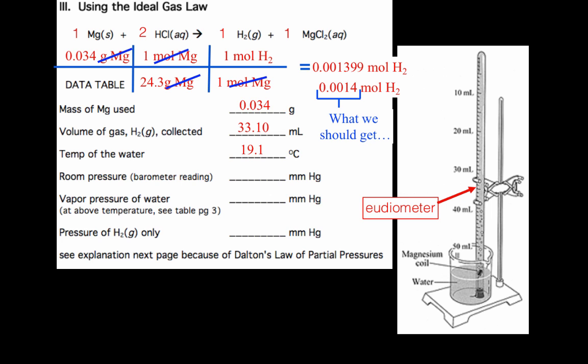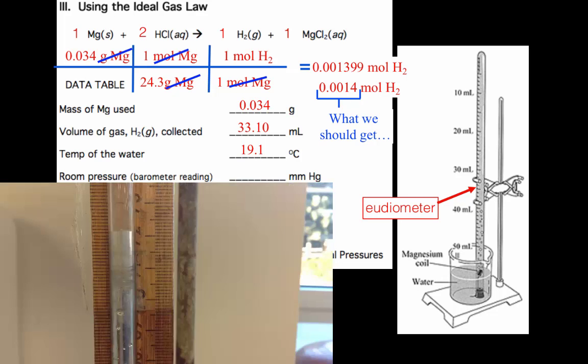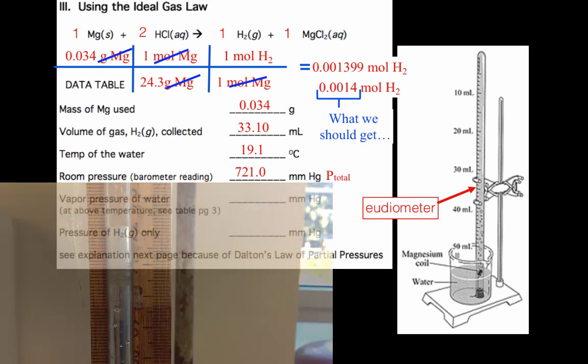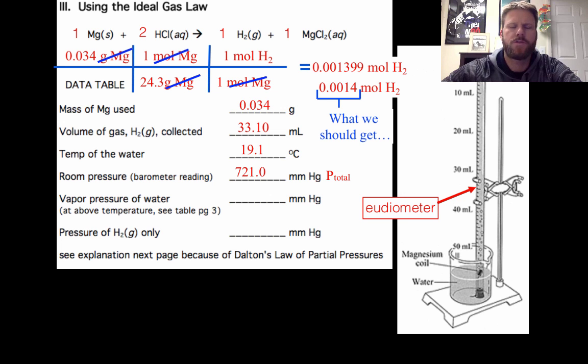Because we equalized the water levels inside and outside of the eudiometer, the pressure of the gas inside the tube was the same as room pressure. So we can use the barometer to get room pressure, and we can see here that the room pressure is 721 millimeters of mercury. Now, because we collected this gas over water, that volume of gas is not just hydrogen gas.